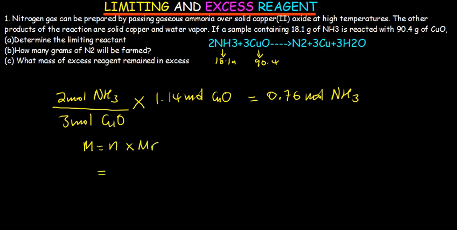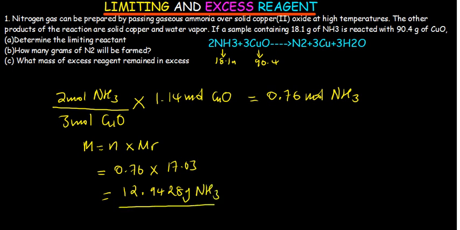The number of moles is 0.76, the molar mass of ammonia is 17.03. Let's see what we get. This is going to give us 12.9428 grams of ammonia. So this is the only mass of ammonia that is going to react.